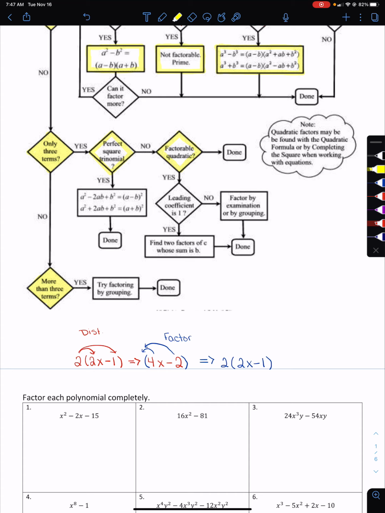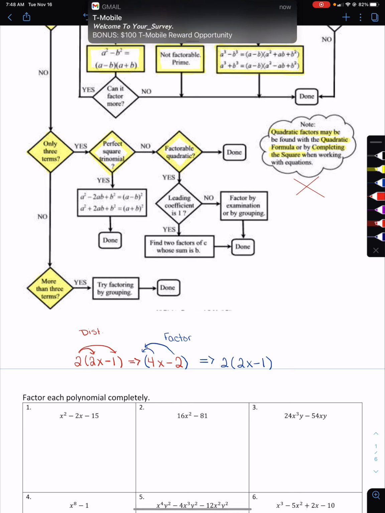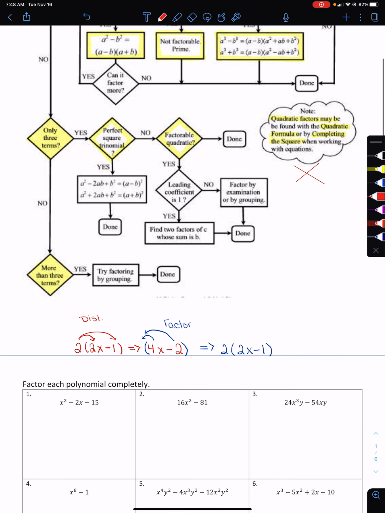So that's where we're going to look if it's 3 terms. Quadratic formula, completing the square, and I'm going to go ahead and put the diamond here because that is something that we work with. If it's 3 terms, we'll factor that.